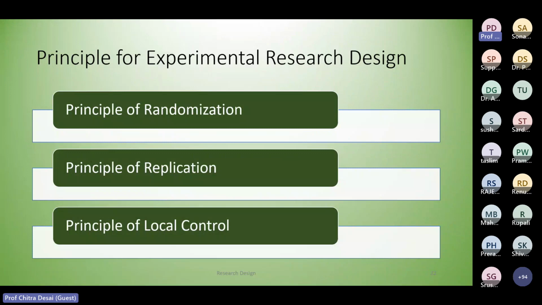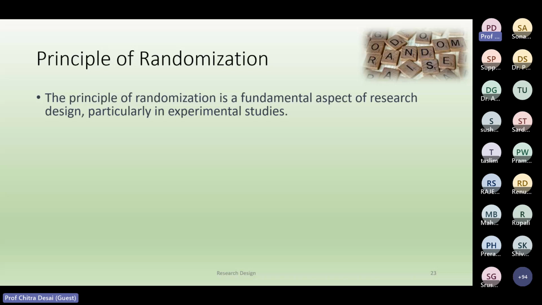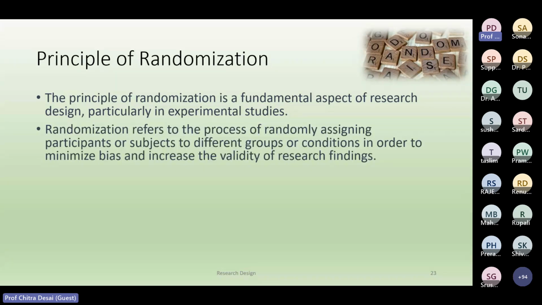When we talk about the principle of randomization, it is a fundamental aspect of research design, particularly related to experimental studies, and refers to the process of randomly assigning participants or subjects to different groups or conditions in order to minimize bias and increase the validity of research findings. So you have a population in front of you.